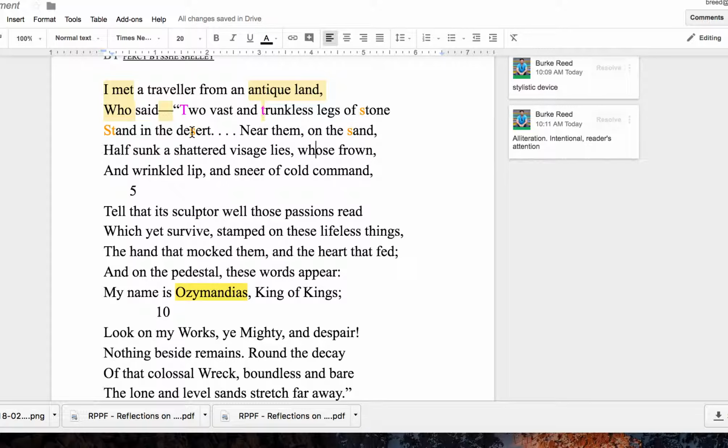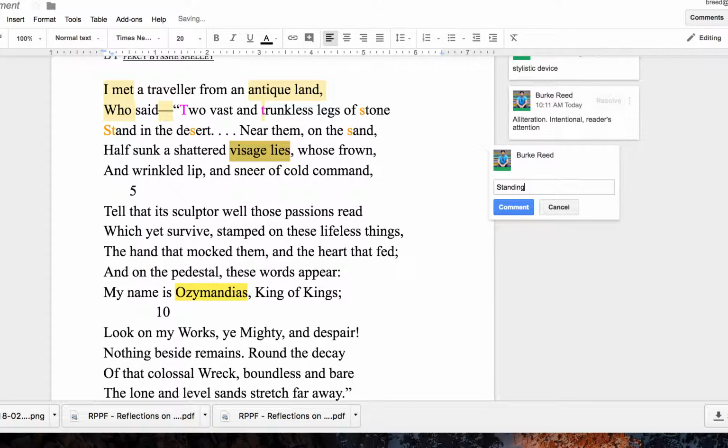But they all create, to some extent, some flow to the poem, even though it is broken up by things like the ellipses. So we continue on from here. Half sunk and shattered, a visage lies, which literally means to stand in. So it's some statue or something standing in the middle. It gives us a sense of location.